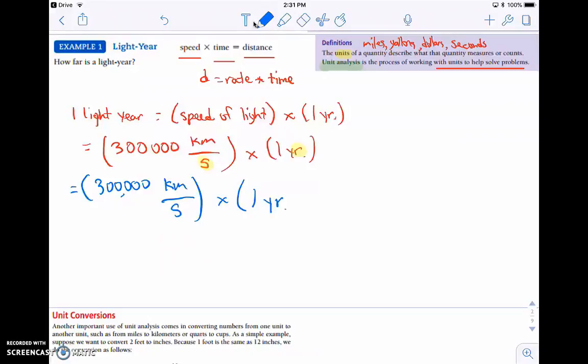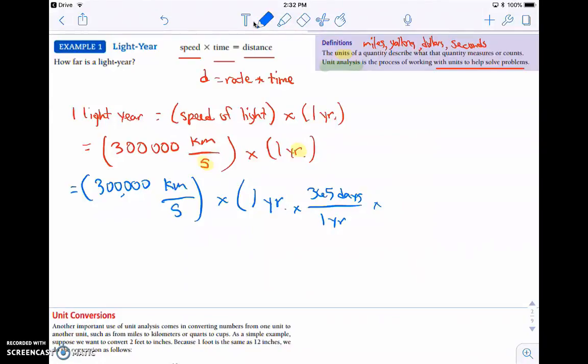And the way we do it is we say, okay, there are 365 days in 1 year. So we're multiplying by what are called unit fractions, because 365 days in 1 year, those are equivalent. So that's like multiplying by 1.